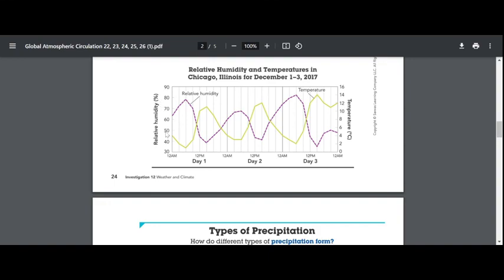So for the y-axis, we have relative humidity in percent. For the x-axis, we see the time frame from 12 a.m. to 12 p.m. on day 1, from 12 p.m. to 12 p.m. on day 2, and then from 12 p.m. to 12 p.m. on day 3.